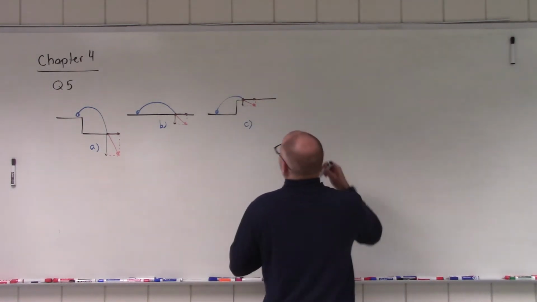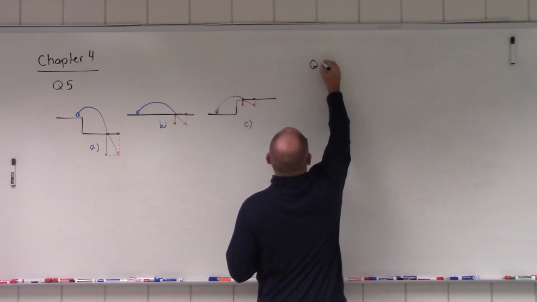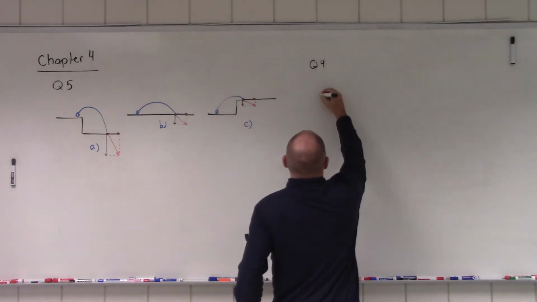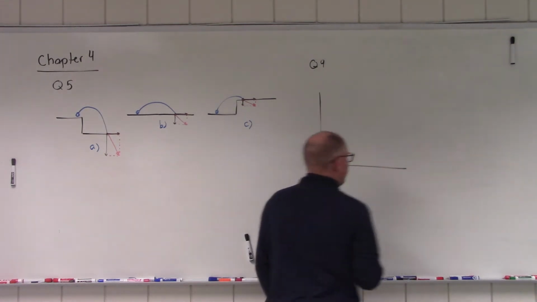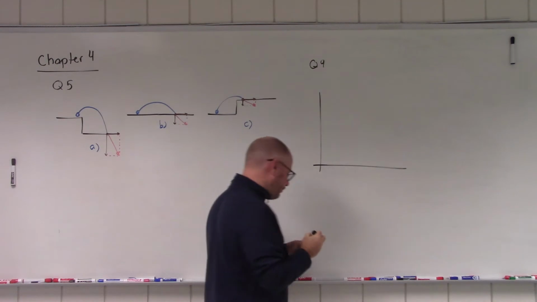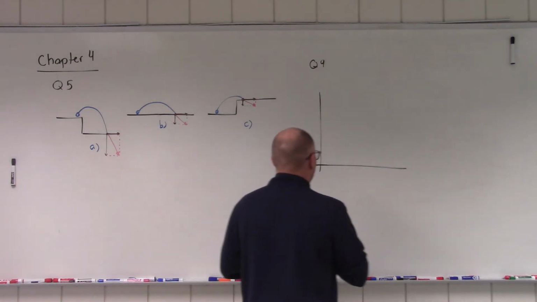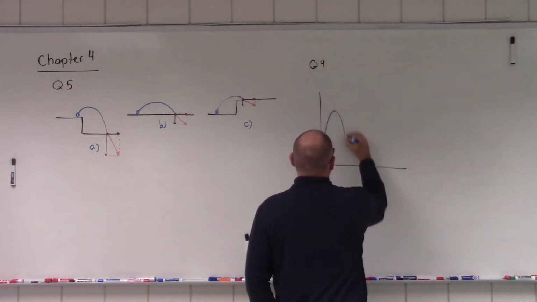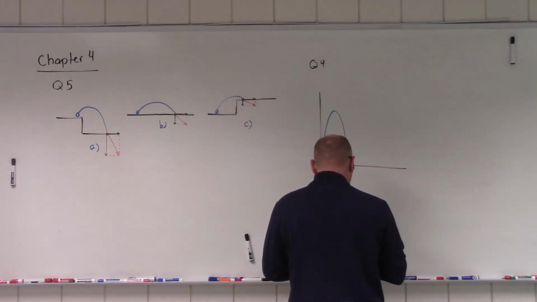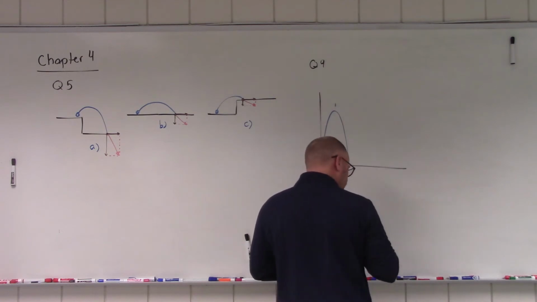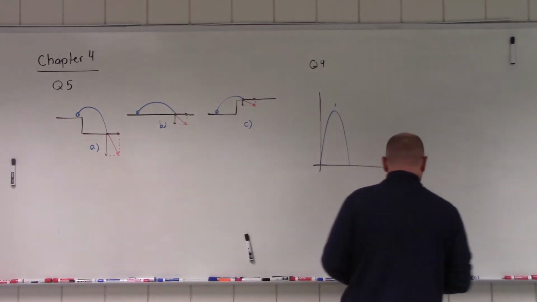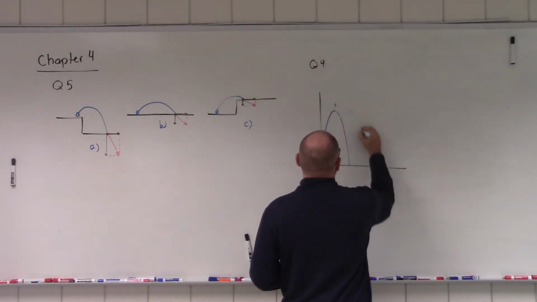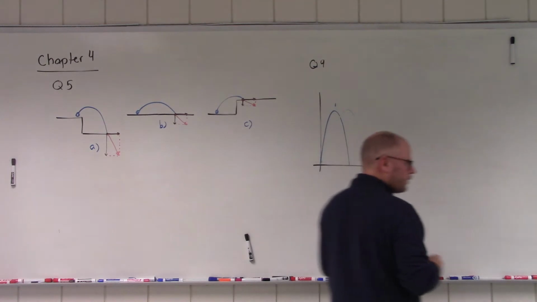Okay, let's do question 9. In question 9, it gives another kind of graph-looking thing. It's actually a picture of a projectile. So we have a projectile here, and we'll call that 1. And then 2. Oh, this green is garbage.